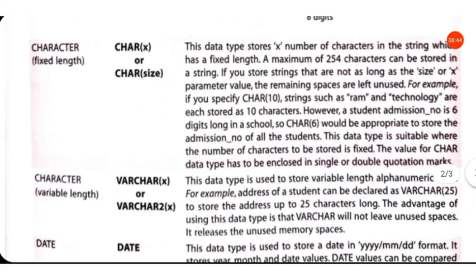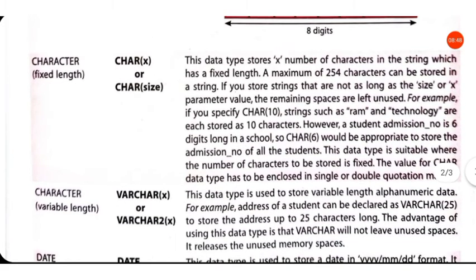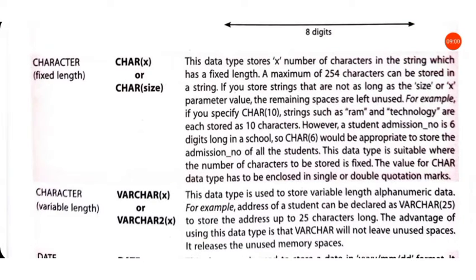This data type stores x number of characters in a string which has a fixed length. The maximum number of characters that can be stored is 254. For strings that are not as long as the size or x parameter value, the remaining space is left unused.